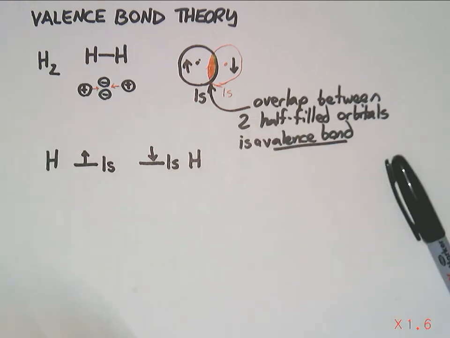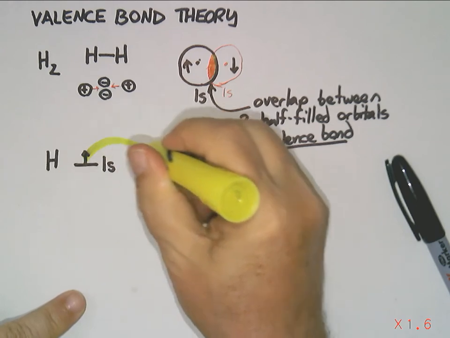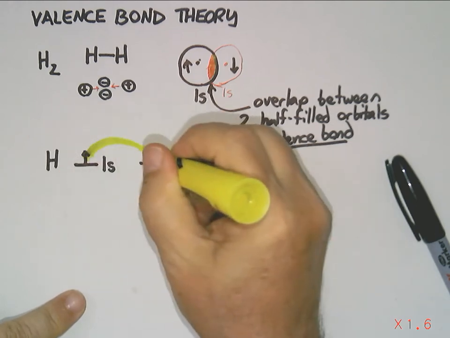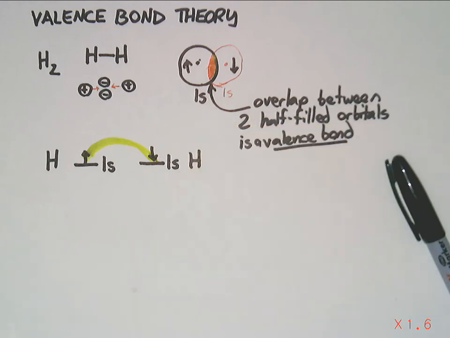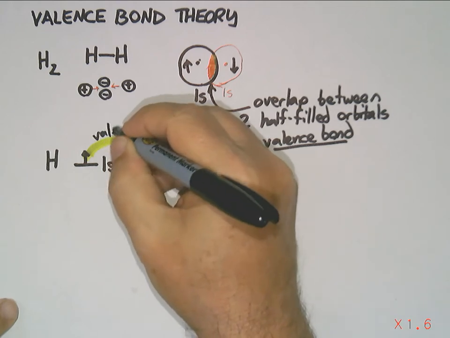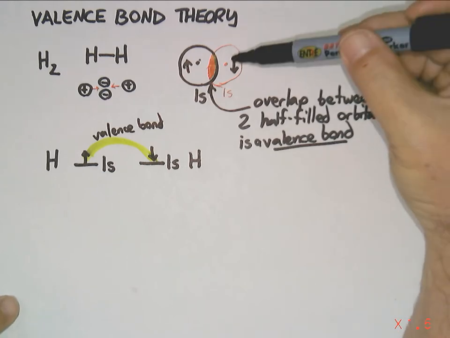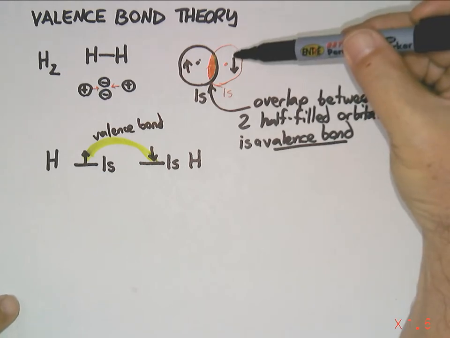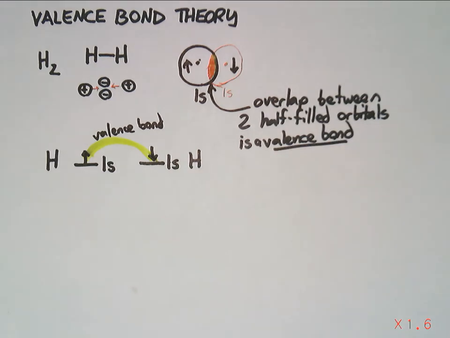I can draw the valence bond as an overlap, a tie, between a half-filled orbital with a spin up and a half-filled orbital with a spin down. That line that I just drew is the valence bond. So we can draw it like this in terms of the shapes of the orbitals, or we can draw a valence bond like this in terms of the energy level diagram.